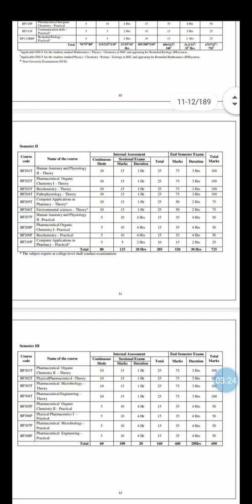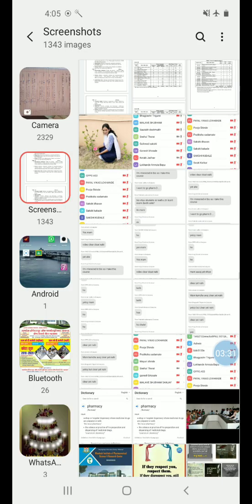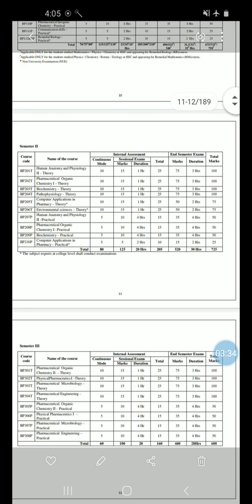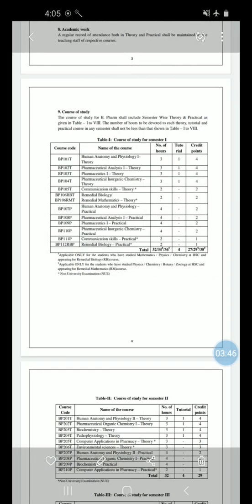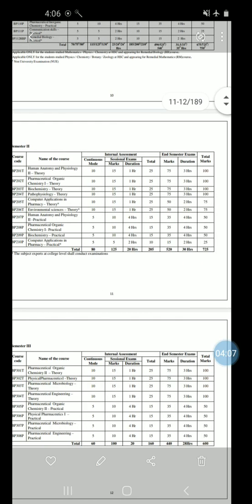This marking system is the same for human anatomy and physiology, pharmaceutical analysis, pharmaceutics 1, and pharmaceutical inorganic chemistry.